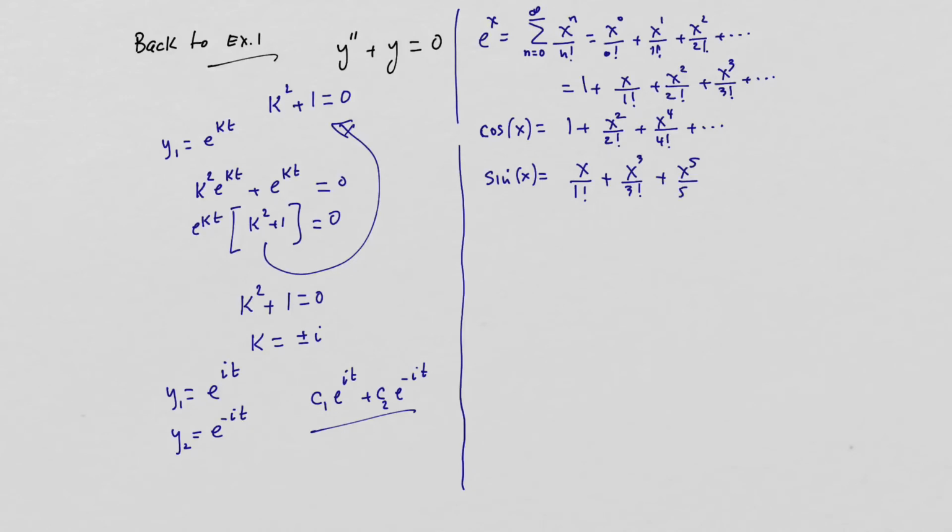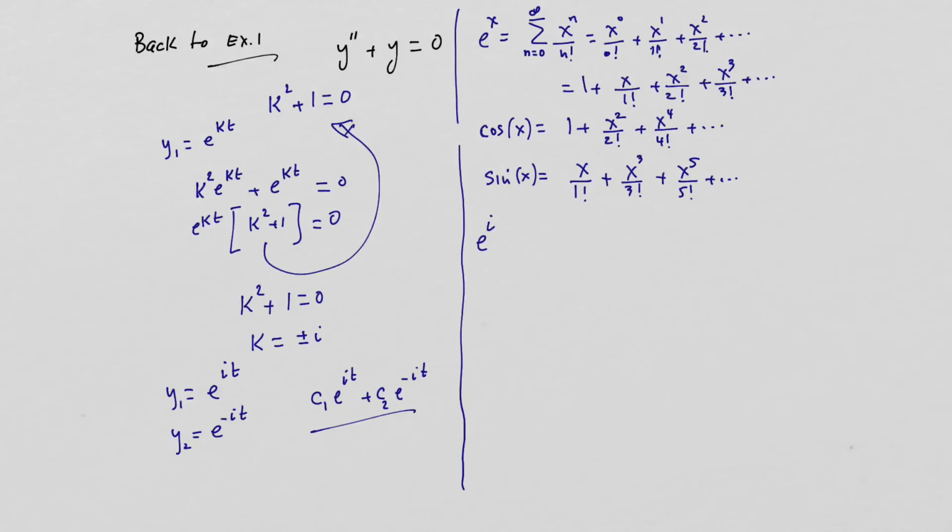So for example, f of x equals x cubed is an odd function because f of negative x is this, which is this, which is this. So it will never include x squared and x to the 4th. It will only include the odd powers.